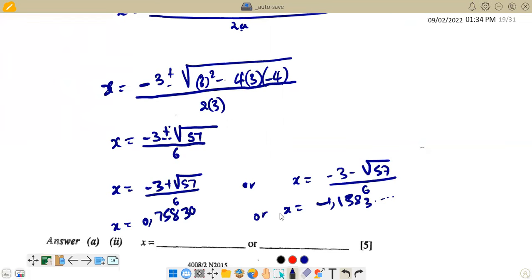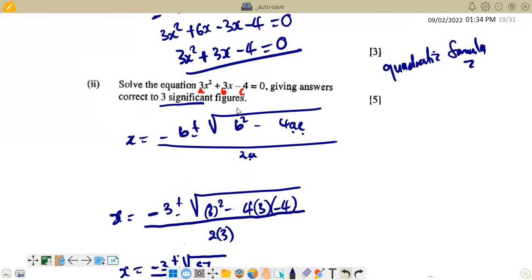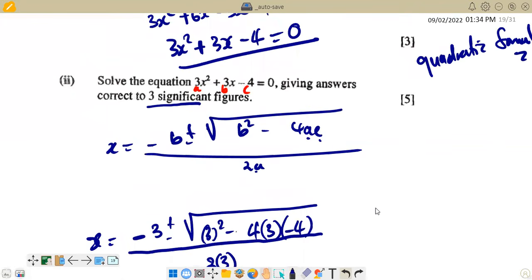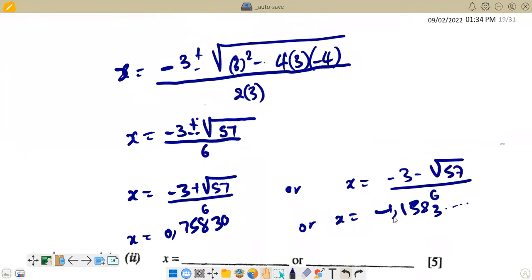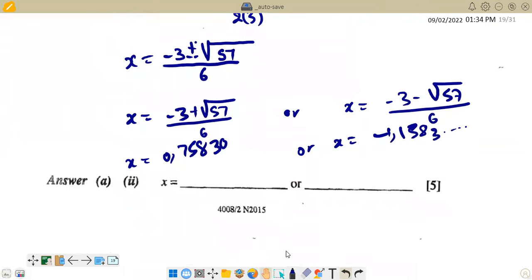Now we get back to the degree of accuracy, because here we are given to use 3 significant figures. That's what you're given, so you maintain that. To 3 significant figures, we need 3 digits here: 1, 2, 3. The 3 cannot change this 8, so it's going to remain 0.758.